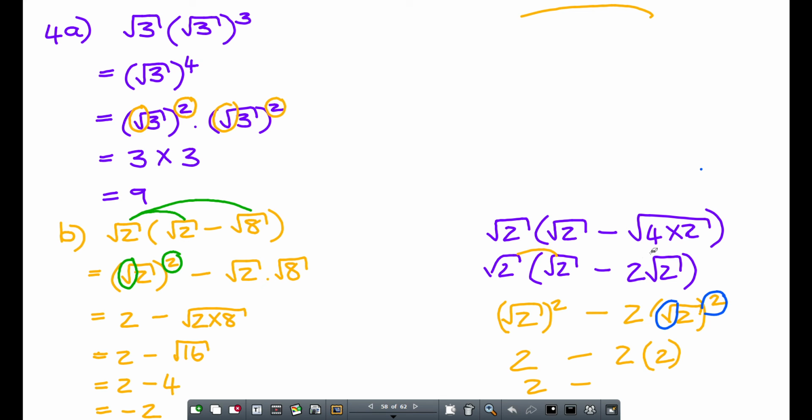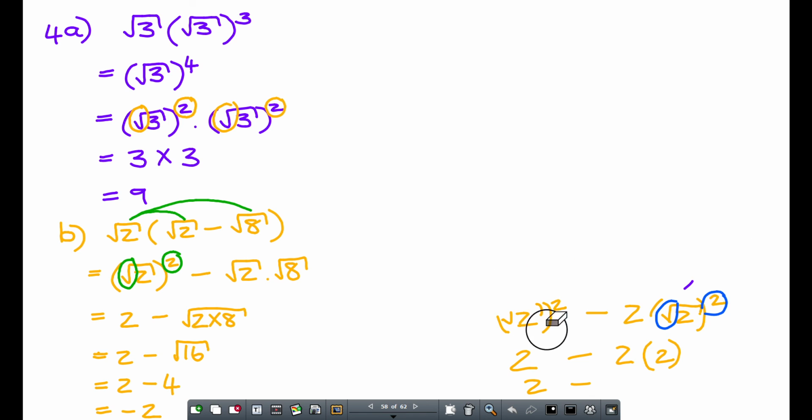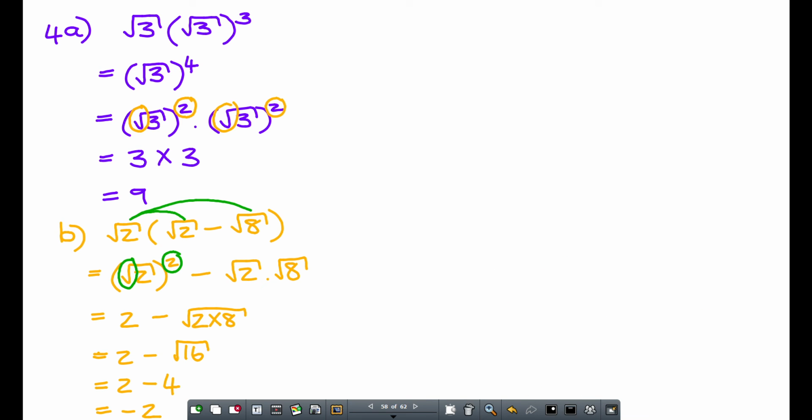This one. Oh, I wrote it out just now. What they had there is square root 3, and then it was times square root 3 to the power 3, meaning 3 times. So square root 3, square root 3, square root 3. Do you understand?